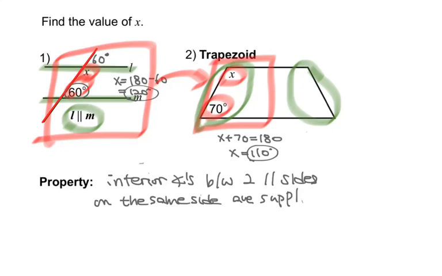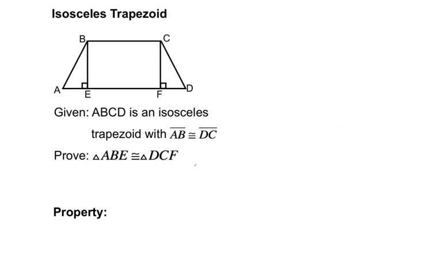All right, now how about the next question? We're going to assume that now we have an isosceles trapezoid. One thing about an isosceles trapezoid, compared to the regular trapezoid that we see here, is that the non-parallel sides have to be congruent. That's what makes it isosceles.